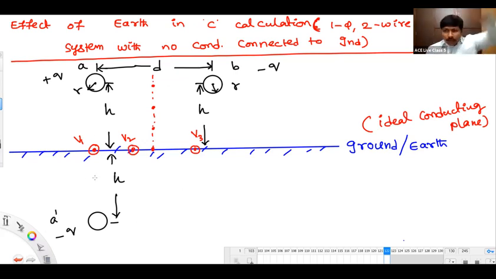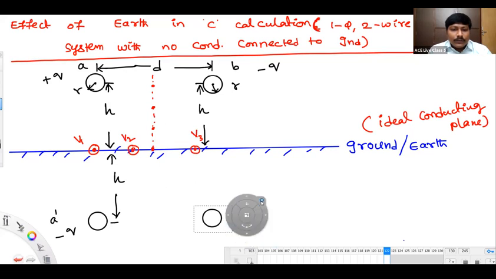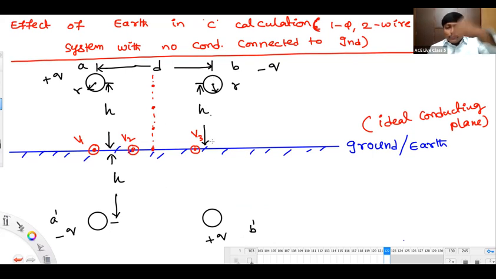Above one is positive, the bottom one which we are drawing is negative. I'll show one more charge, B dash, and it's plus Q because B is minus Q. The depth is h, and this distance is d.